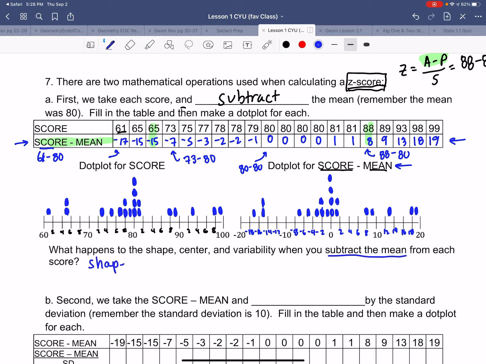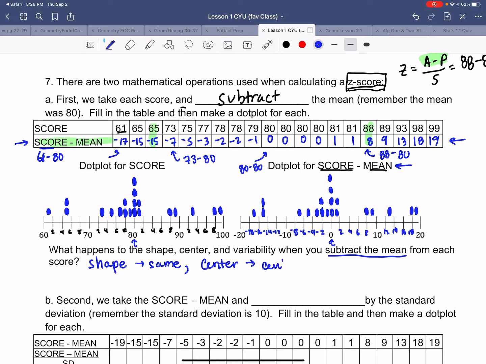The shape was the same. It looks like one mode, unimodal at 80. The peak is at 80. It looks relatively symmetrical. The center, well, hold on. The center before was at 80, and now the center is at 0.